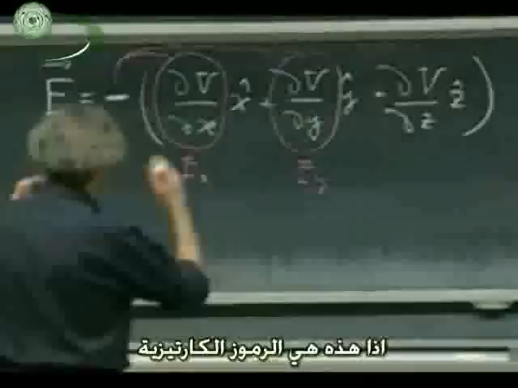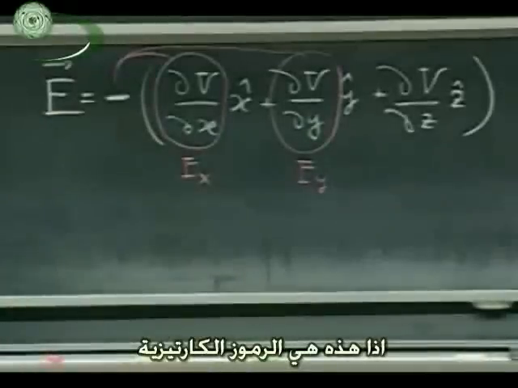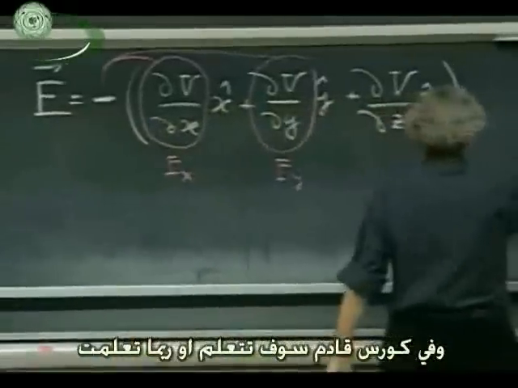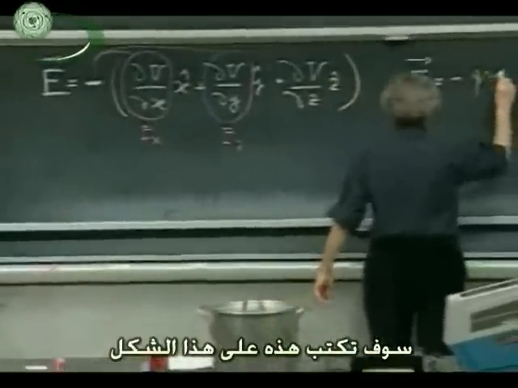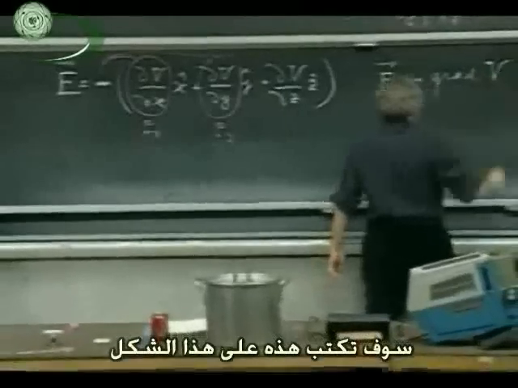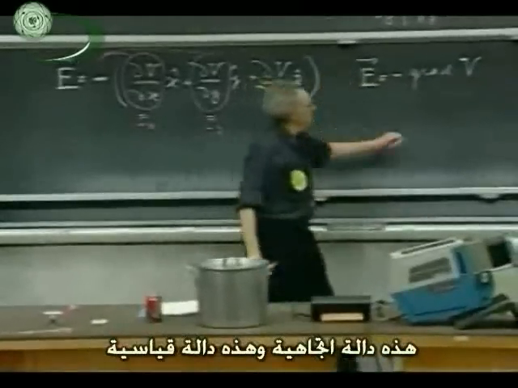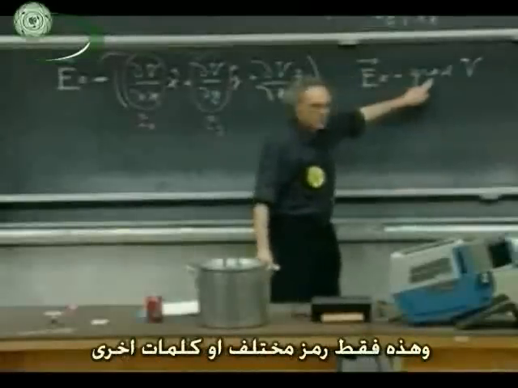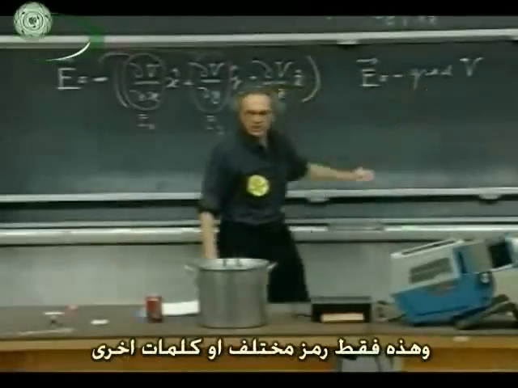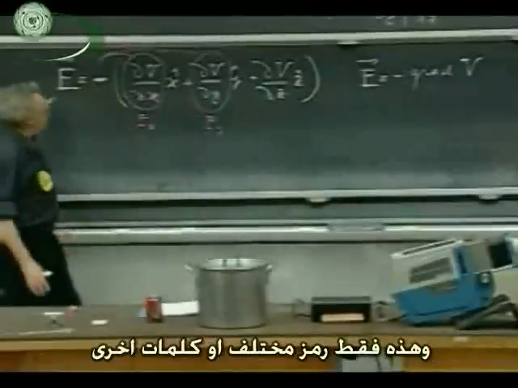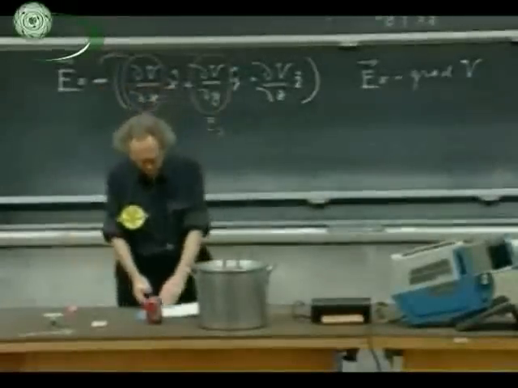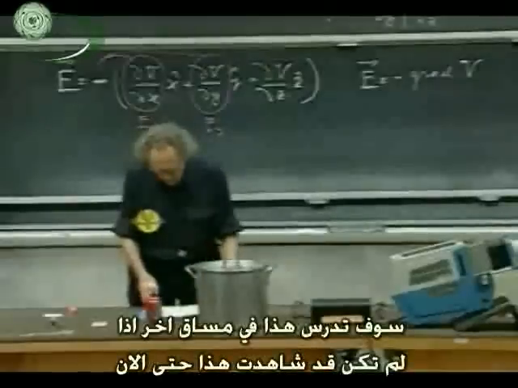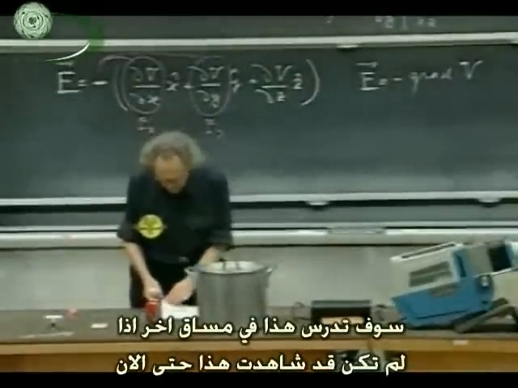And so this is the Cartesian notation for which in 18.02 you will learn, or maybe you already have learned, we would write E equals minus the gradient of V. This is a vector function, this is a scalar function, and this is just a different notation, just a matter of words, for this mathematical recipe. And you'll get that in 18.02 if you haven't seen that yet.